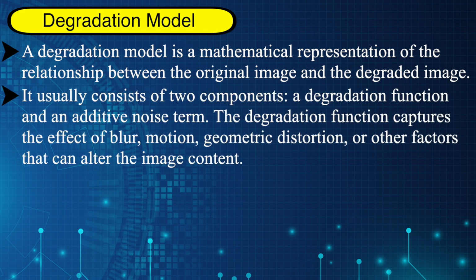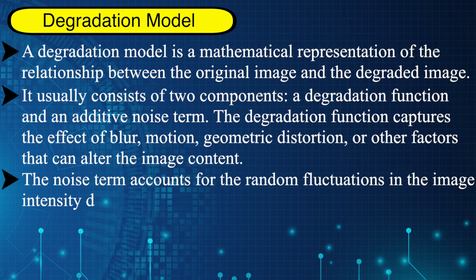The first component is called the degradation function and the second component is additive noise. The degradation function captures the effect of blur, motion, distortion, noise, etc. or other factors that can alter the image content. That all comes in the degradation model.